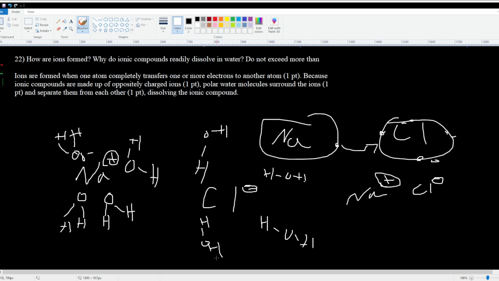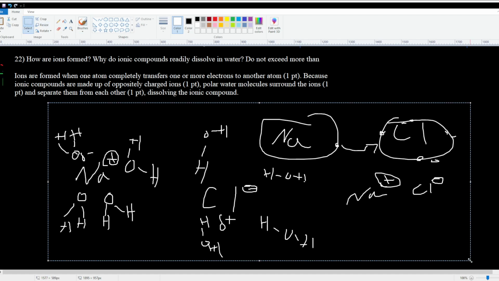So that's the same case for chlorine, right? Because hydrogen has a partial positive charge. So these would create an electrical attraction to each other as well. So let me pull up an image of the ion lattice. I feel like this picture is not going to be very good, so bear with me for one moment.